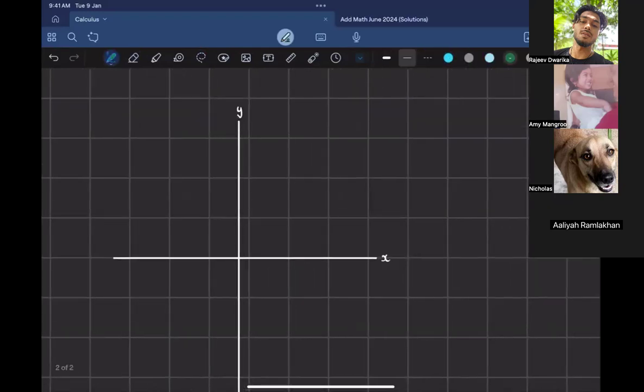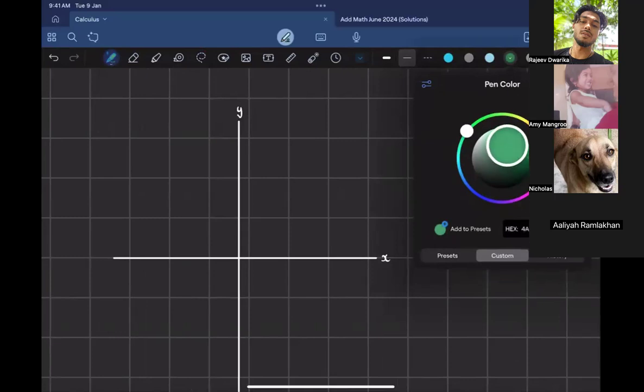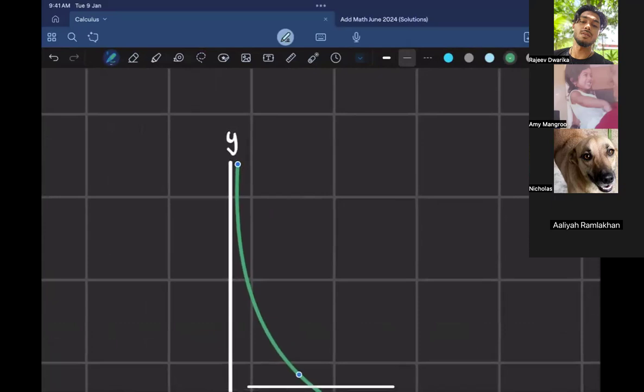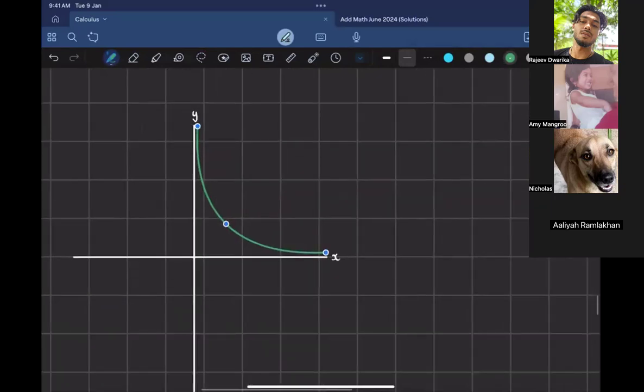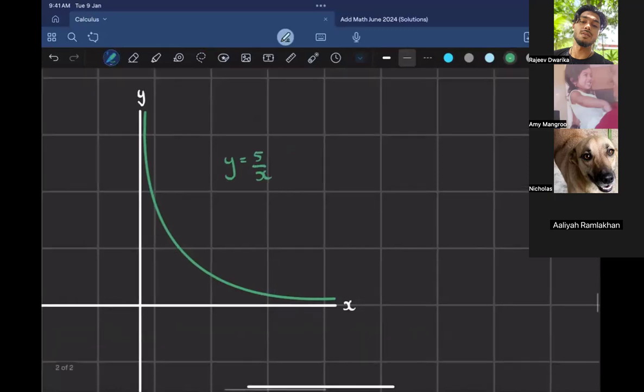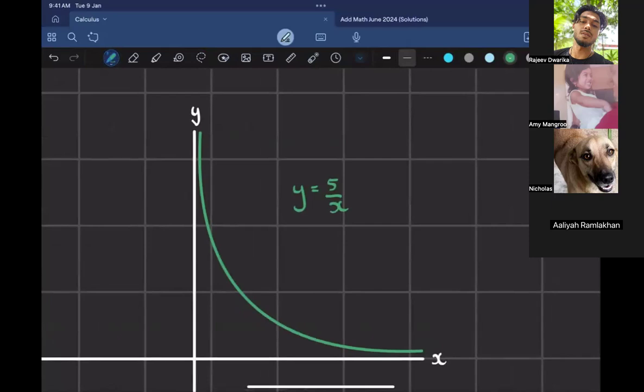Right, so this is actually what the graph looks like. Can anybody tell me what the name of this is, when a graph is approaching one of the axes but never quite reaches it?